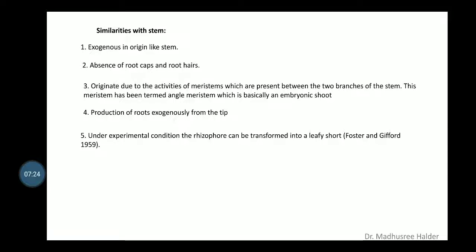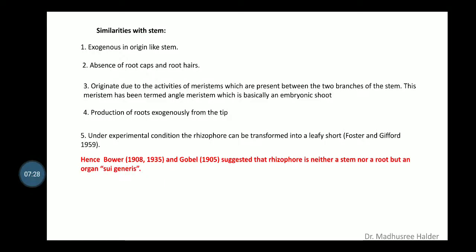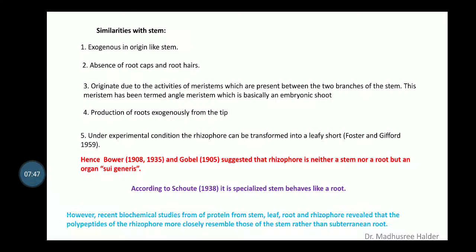in the year 1959. So there are many controversial views, but Bauer and Goebel suggested that rhizophore is neither a stem nor a root but an organ sui generis. According to Scott 1938, it is a specialized stem, behaves like a root.